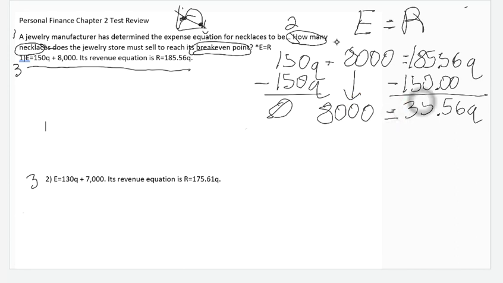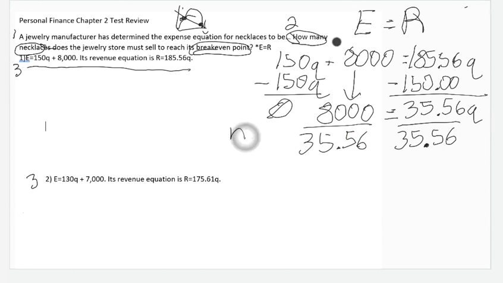And now we're going to divide by $35.56 on each side because we're solving for Q. I'm going to get Q all by itself. Remember, we do numerator divided by the denominator when we enter this into the calculator. So it's going to be 8,000 divided by 35.56.